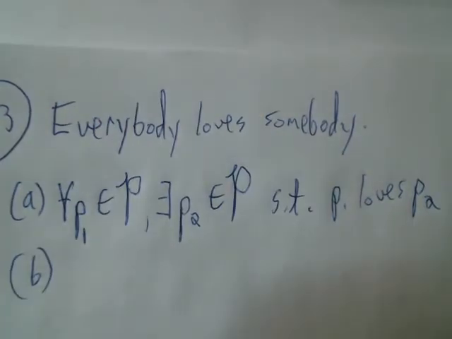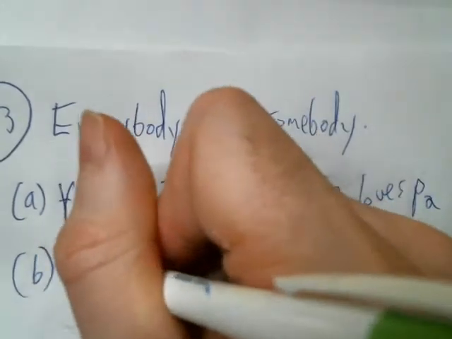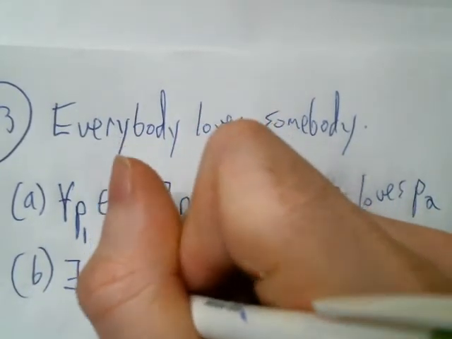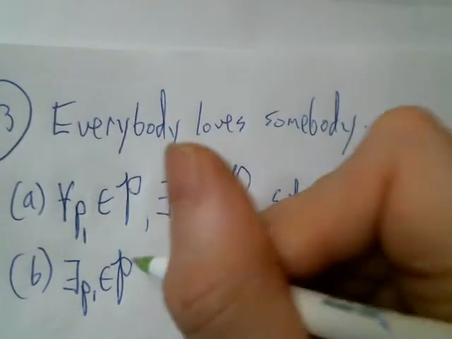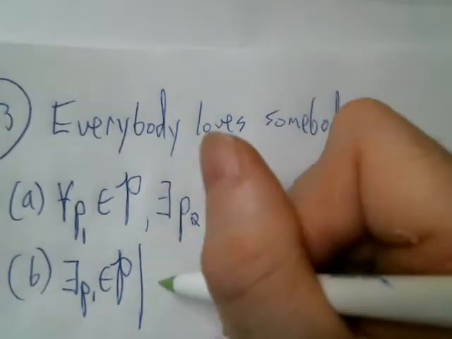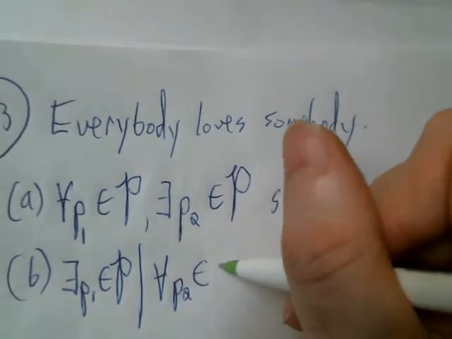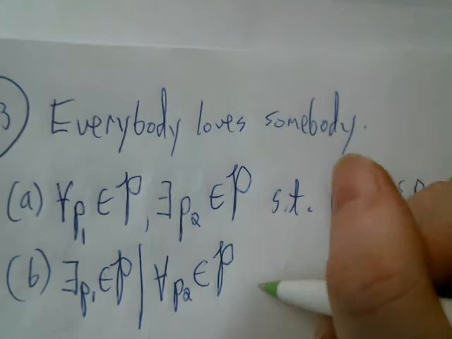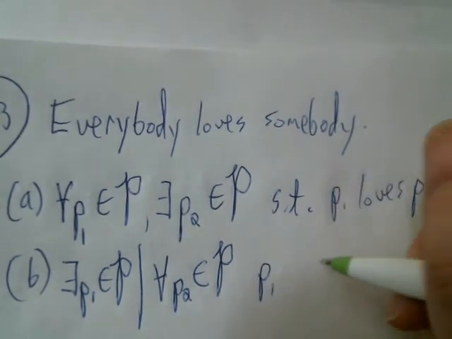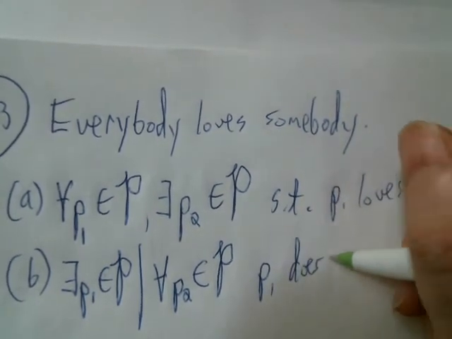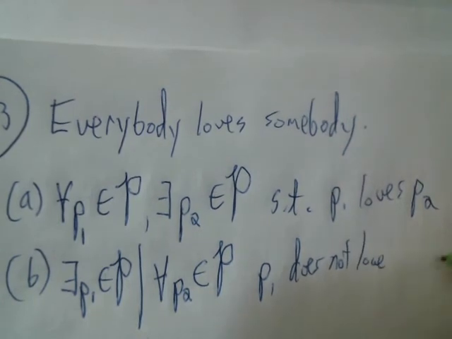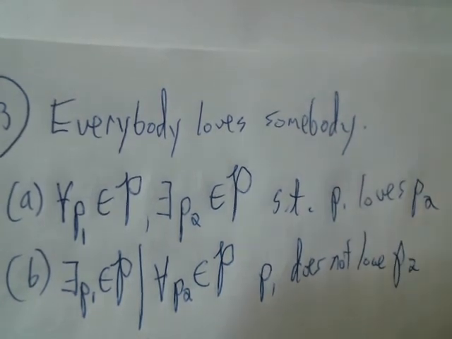Now they want us to negate it and then reinterpret it. So there exists a person P1 in the set of all people such that for all persons P2 in the set of all people, P1 does not love P2.